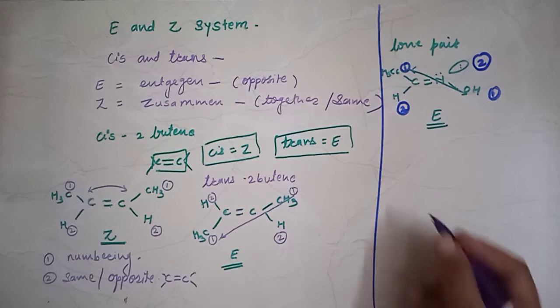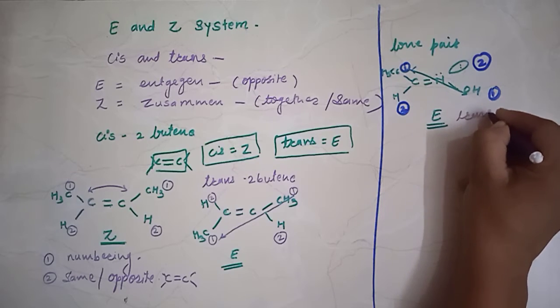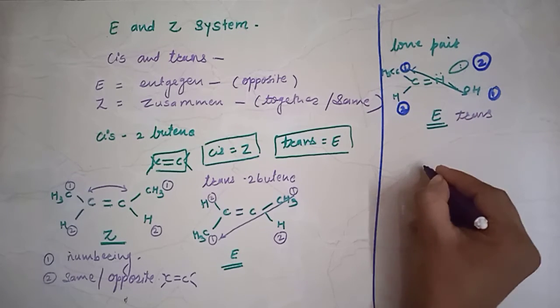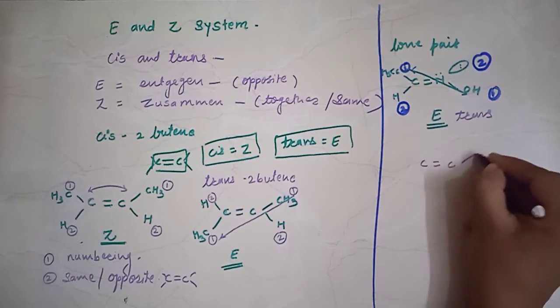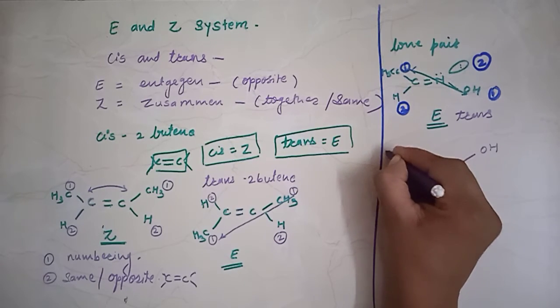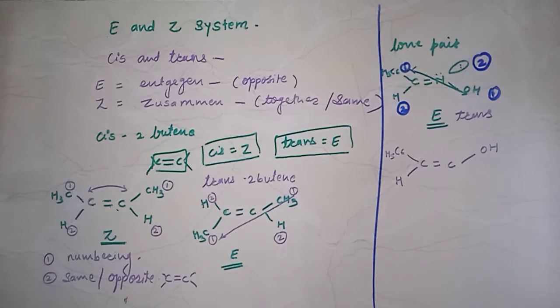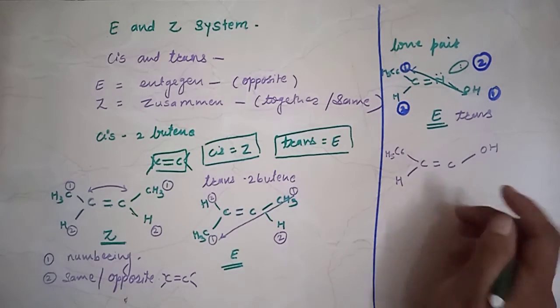Then we can take the interchanged OH. This is a trans system. So now take the cis compound. Draw the carbon double bond nitrogen, with OH attached to the nitrogen and the other groups the same.